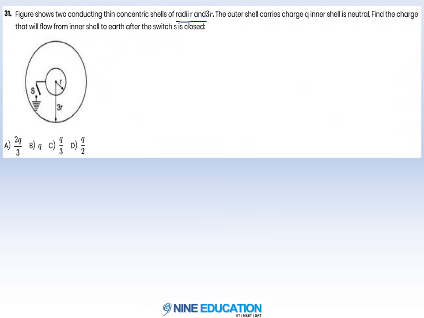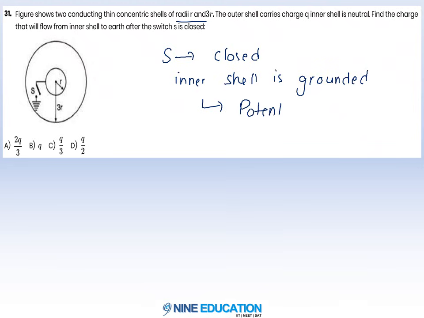Okay, so if S is closed, it means the inner shell is grounded. And the meaning of grounding any conductor is that the potential on it, the potential of the inner shell, must be 0.